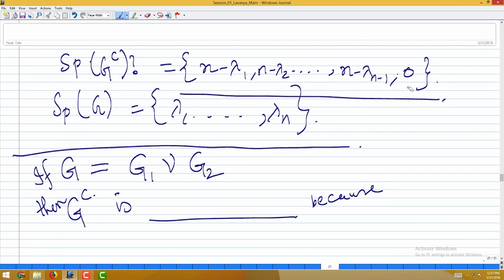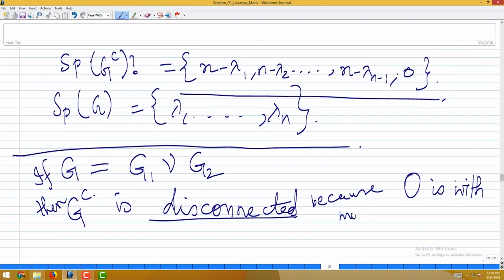So, what can we say about this now? My G complement is disconnected, because there exist at least two 0 eigenvalues, or I should say the eigenvalue 0 has multiplicity 2.